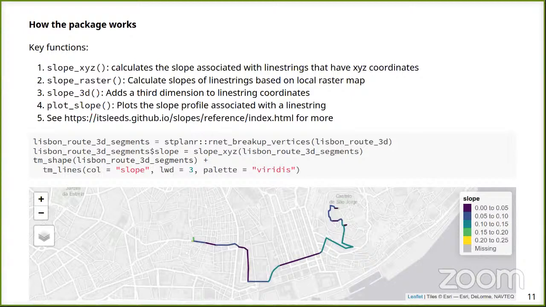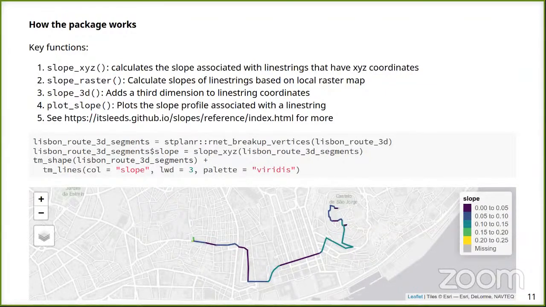And the package has got some key functions. So slope_xyz, I really like this function because it adds on the elevation data silently, and it takes advantage of a new feature of the sf package, which is you can have 3-dimensional coordinate systems.